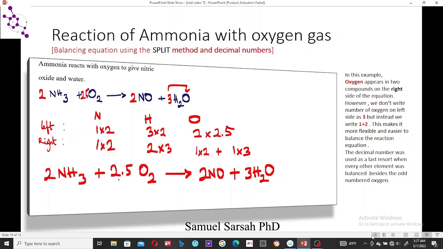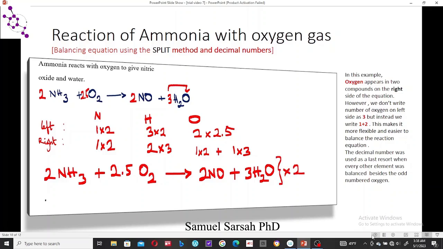The only difference is we use a decimal here. Now we don't usually like to have decimals, we like to have whole numbers. So to change this to a whole number, we need to multiply through by 2.